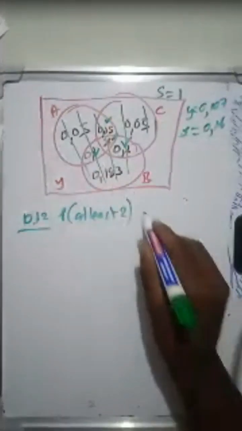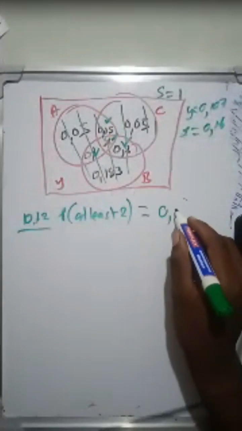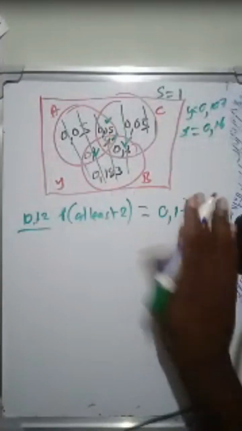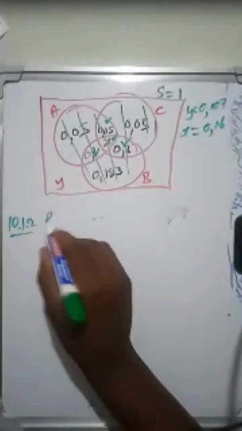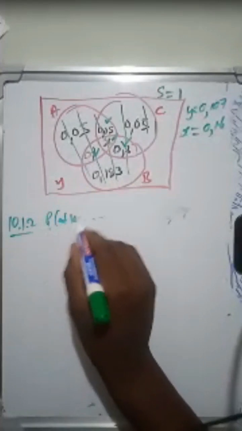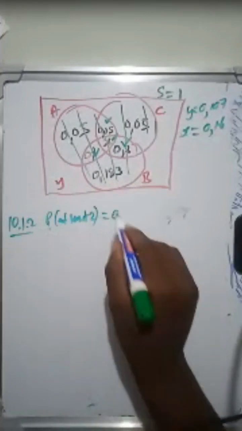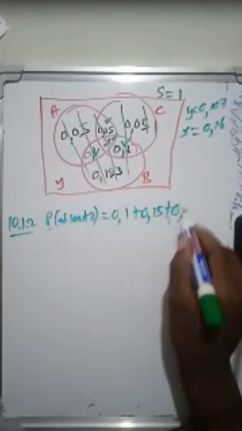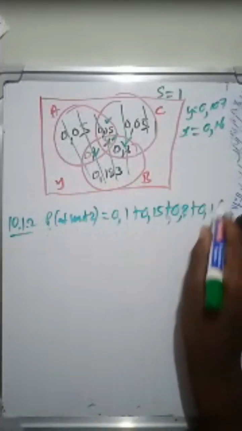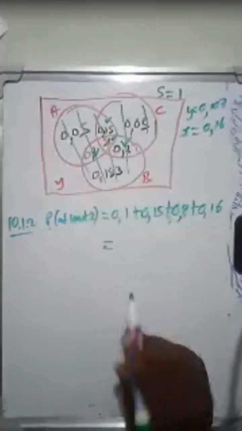So that is going to be equal to 0.1 plus 0.15 plus 0.2 plus 0.16, which is x. What do we get?